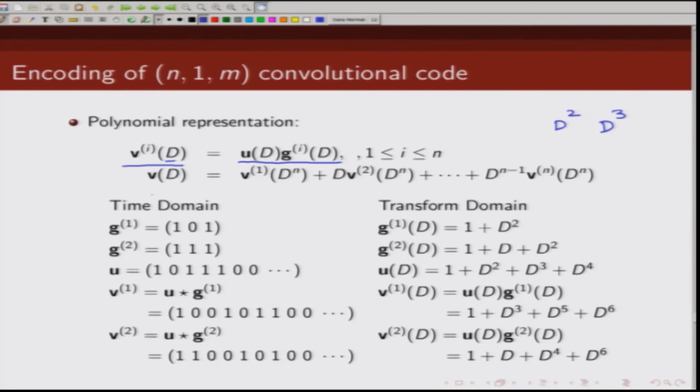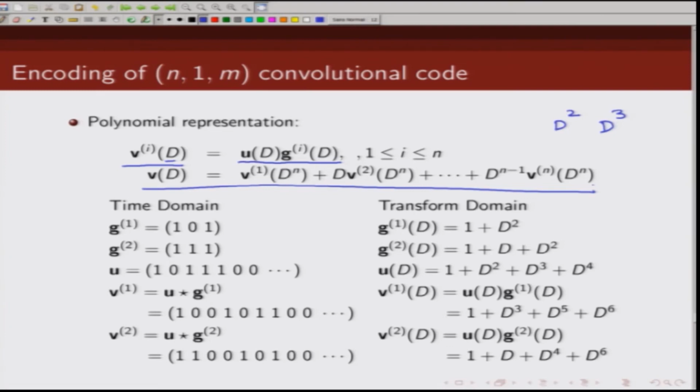And the overall code sequence, when we have a rate 1 by n code, can be given by this expression. So, let us first try to write each of these terms in terms of this delay operator polynomial representation, and then we will show that this time domain representation, where we were computing the output using discrete convolution, can be similarly obtained using just this operation in the delay domain, which we are calling transform domain operation.